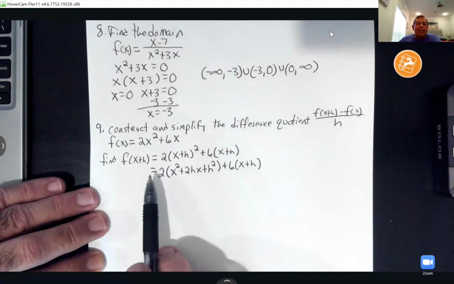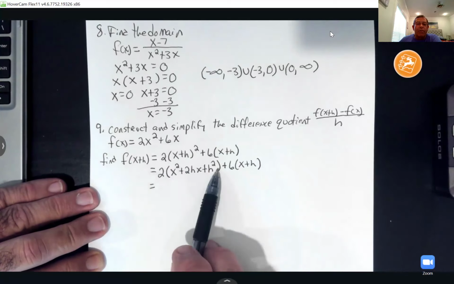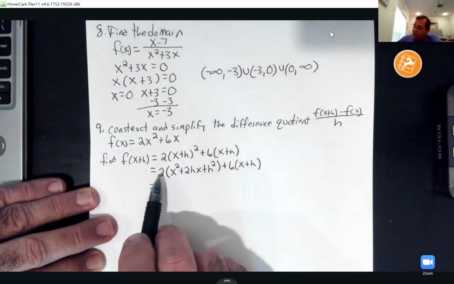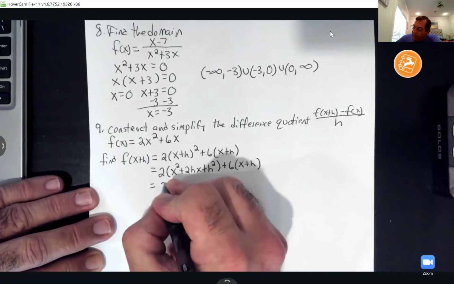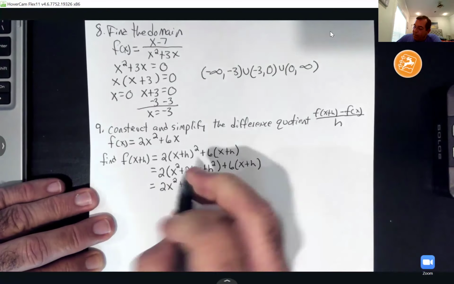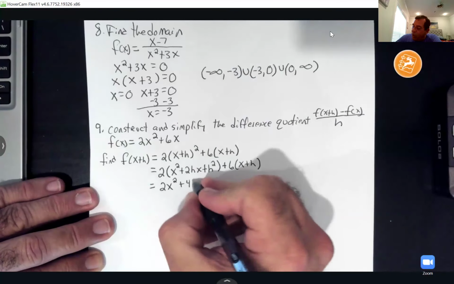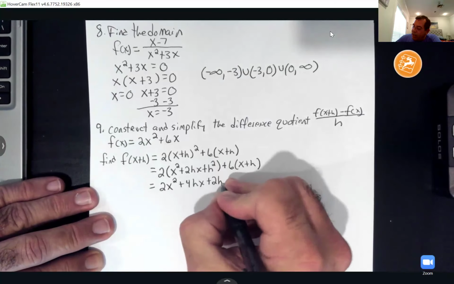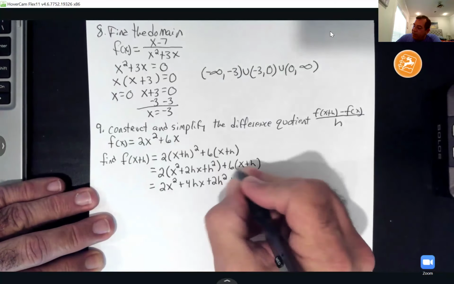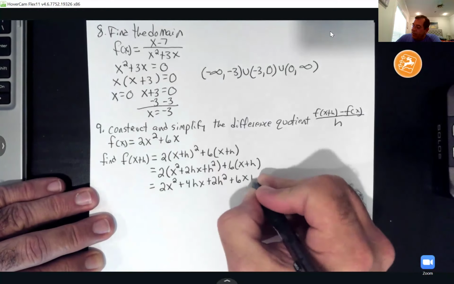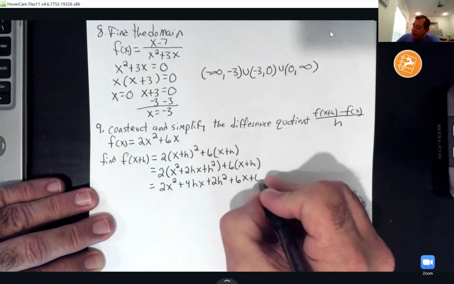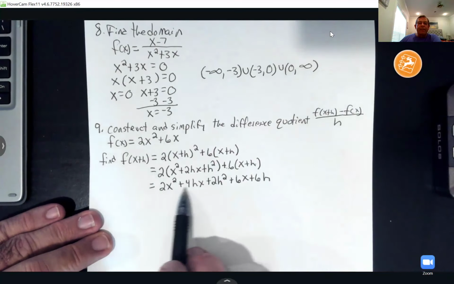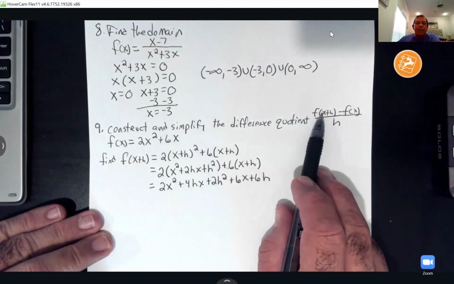Now I'm bringing the rest of this down, because now on this next step, I'll distribute my 2 through the first parentheses and my 6 through the second one, so that I get a 2x squared plus 2 times 2 is 4hx. 2 times h squared is a 2h squared plus 6 times x plus 6 times h. All right, so if you remember, this is now f of x plus h.